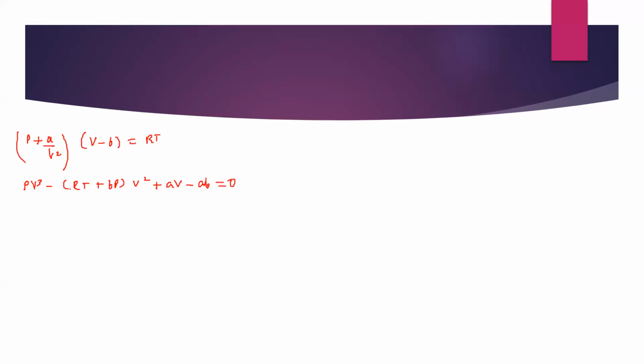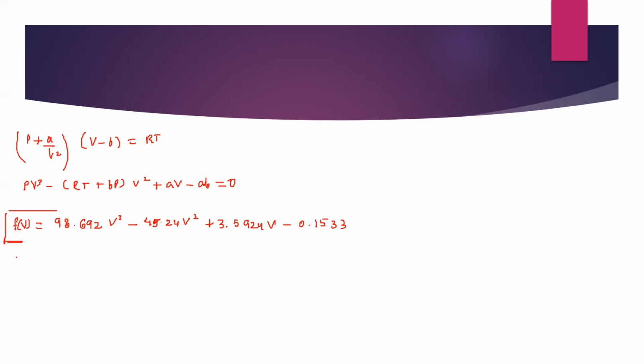So when I substitute the values of pressure, R, temperature, B, and A, I'm going to get my equation as 98.692 V³ − 45.24 V² + 3.5924 V − 0.1533. This I'll take as f of v.